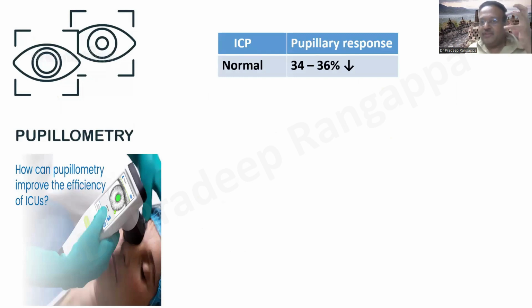The briskness should be 34 to 36% constriction of the pupil. If ICP is high, there is less than 20% constriction, a pupillary sluggishness. So there is no brisk reduction of the pupillary size. Less than 20% reduction in size tells you that ICP is higher.